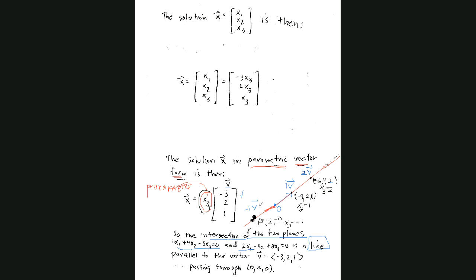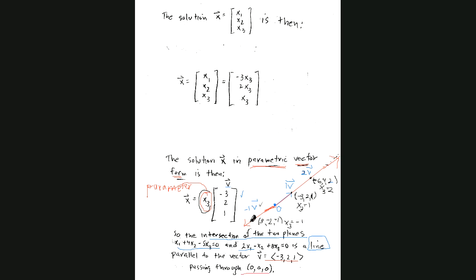So it's very clear then that the intersection of the two planes is a line. We denote a line with the little arrows there. It's a line parallel to the vector -3, 2, 1 and passing through the origin.